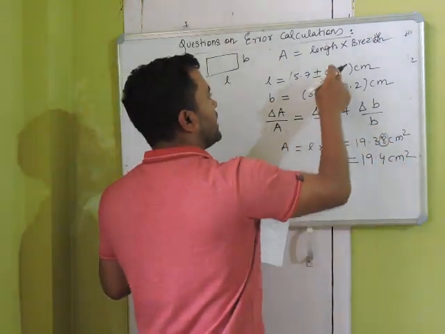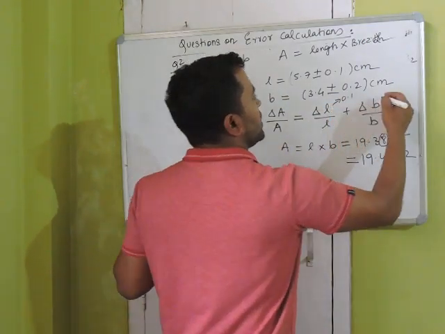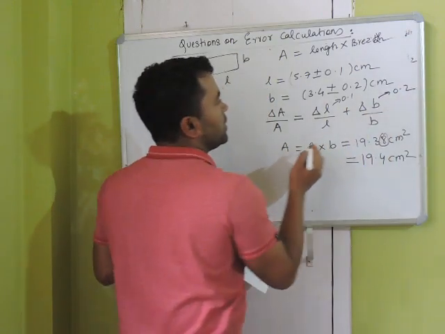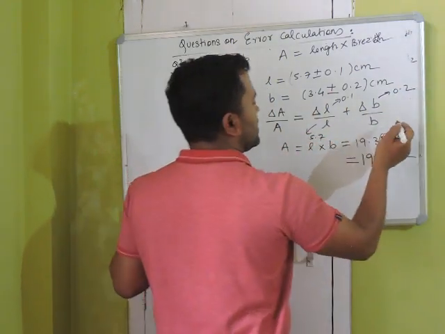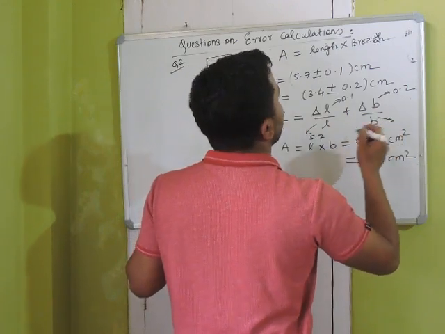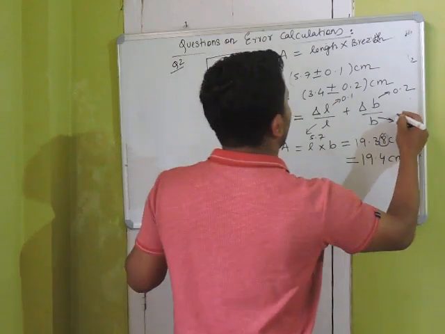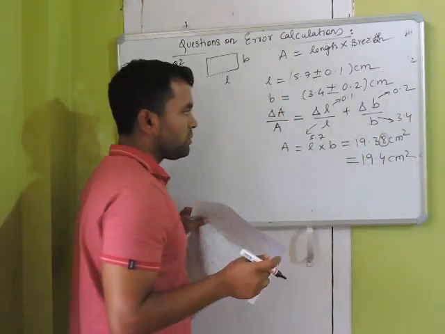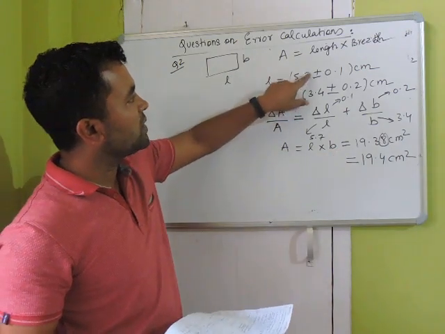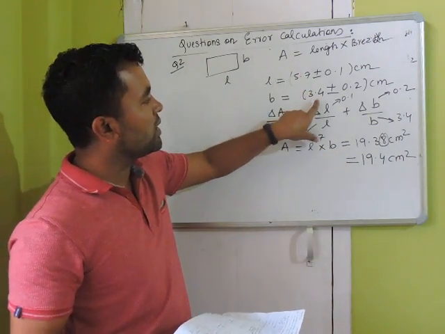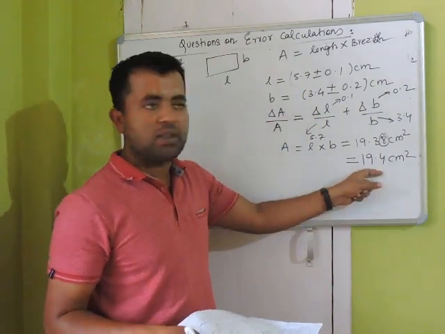Delta L is 0.1, this is 0.2, this is 5.7, and this is 3.4. Now remember, area, length into breadth, we calculated by assuming this is the reading of the length, this is the reading of the breadth. From there we calculated area to be this, right?